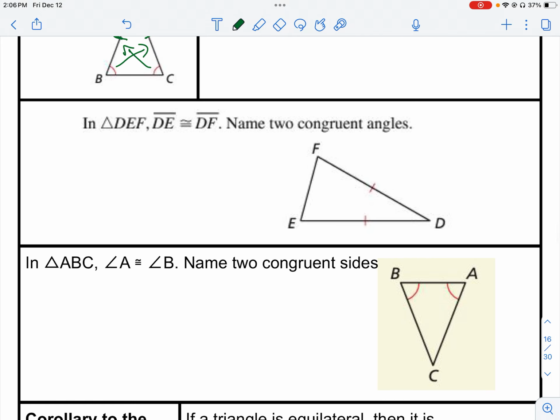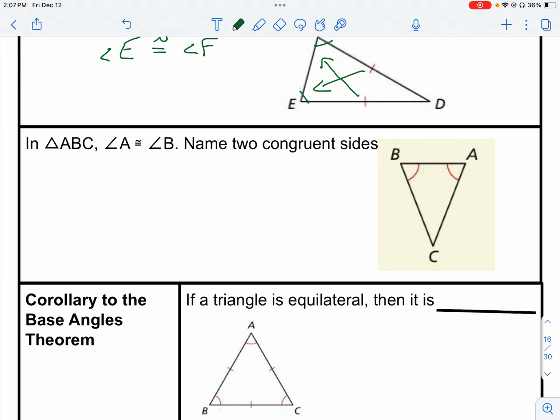So let's look and recall. So if side DE is congruent to side DF, let's name the two congruent angles. Well, we are going to go across the triangle. So angle E is congruent to angle F. And if we have two congruent angles, we are going to go the other way across the triangle.